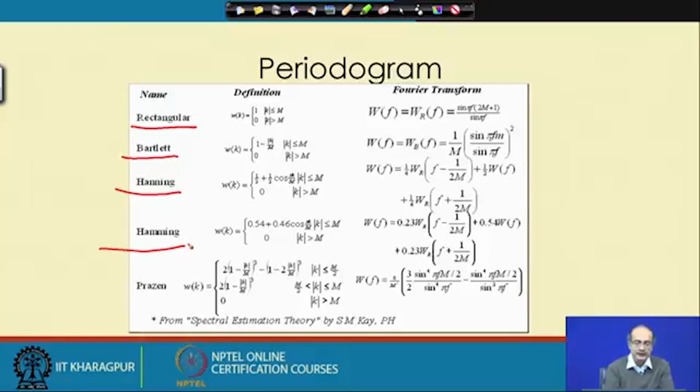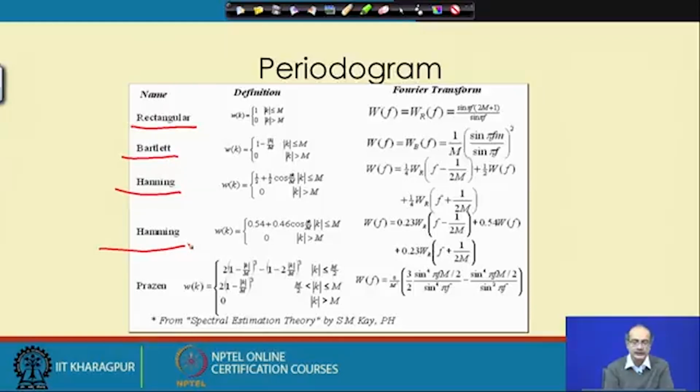to take care of the side lobes, but for the one which gives more attenuation in the side lobe, we need to keep in mind that the main lobe width increases more for that window.